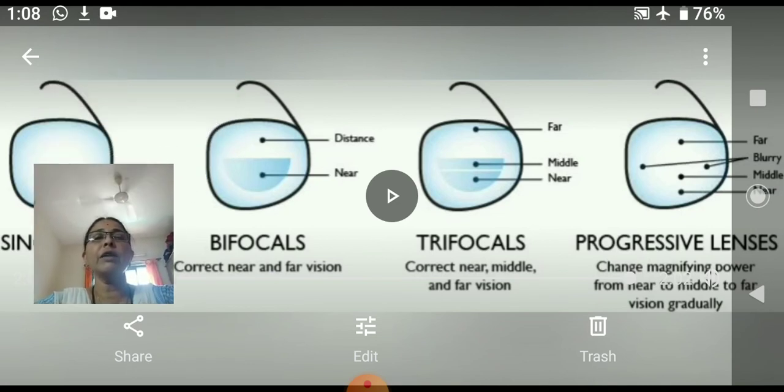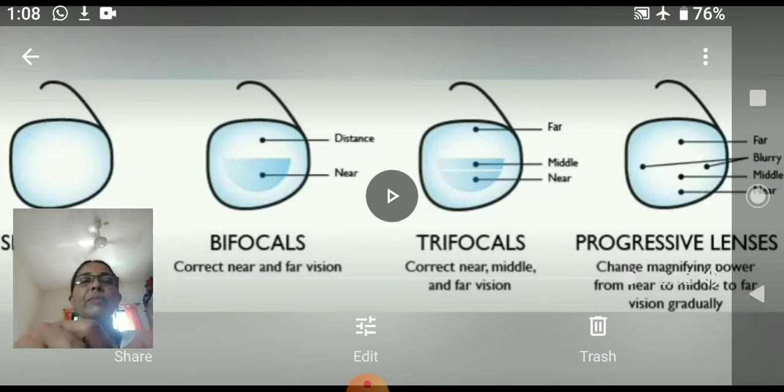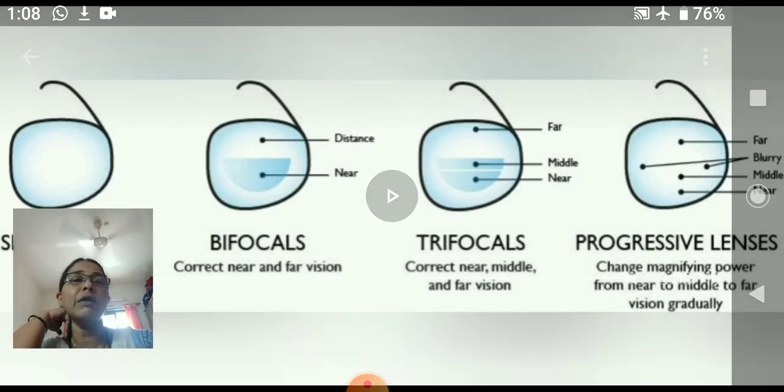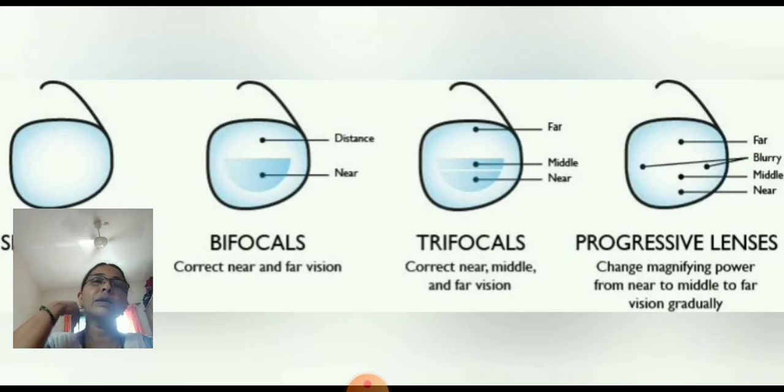The second one is the bifocal lens. This bifocal lens corrects your near and far vision. The next is the trifocal lens. It corrects middle vision, near vision as well as far vision.